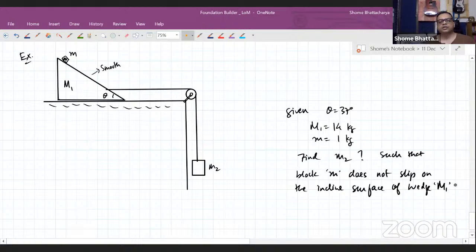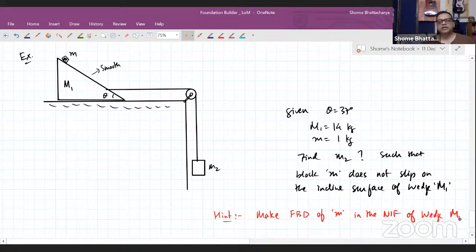m1. Okay. Now this is very similar in concept to a question we have done 2 lectures back when we were discussing about pseudo force. Okay. So try solving this. The hint to you in that is that make the free body diagram of small m in the non-inertial frame of the wedge m1, assuming its acceleration to be a.